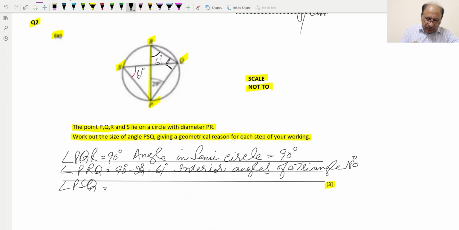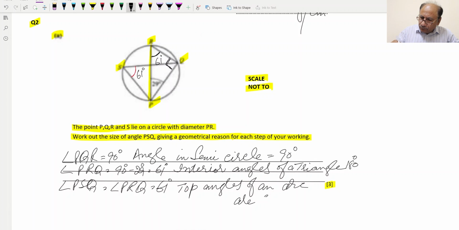We can write angle PSQ is equal to angle PRQ, and this is equal to 61 degrees. So top angles of an arc are equal. So this is 3 marks, which is done.